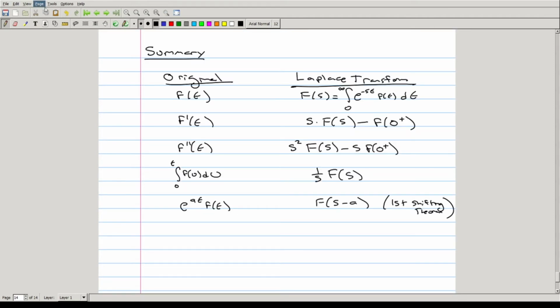So if we have a first shifting theorem, we're going to have a second shifting theorem, and this is important for piecewise defined functions.